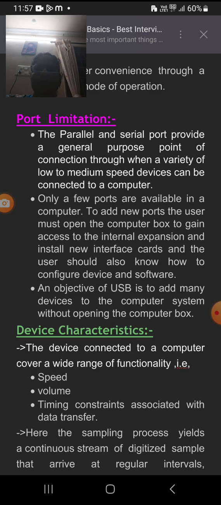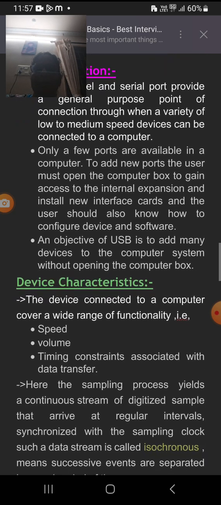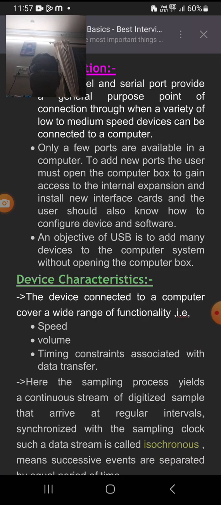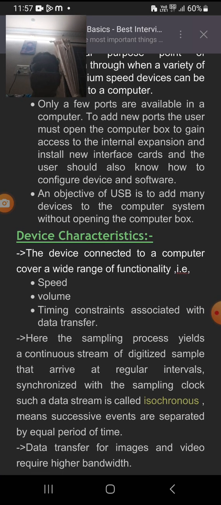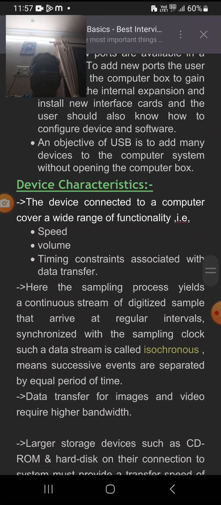The objective of USB is to add many devices to the computer system without opening the computer box. Device characteristics: the USB must cover a wide range of functions, with different speed, volume and timing constants associated with the data transfers.